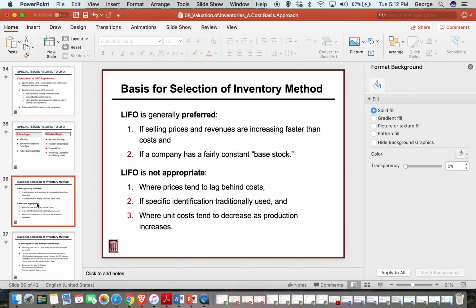LIFO is not appropriate where prices tend to lag behind costs, so the prices aren't changing as fast as your costs are changing. It's also not appropriate if specific identification is traditionally used, which would normally be more accurate, or where unit costs tend to decrease as production increases.